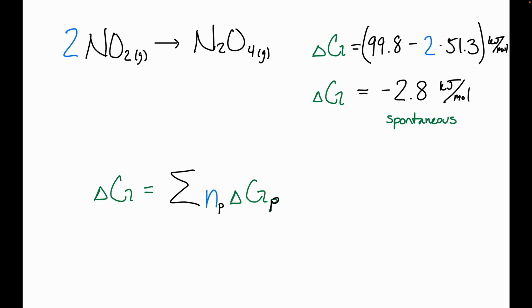And then subtracted our reactants, the sum of the delta G of our reactants multiplied by their stoichiometric coefficients.